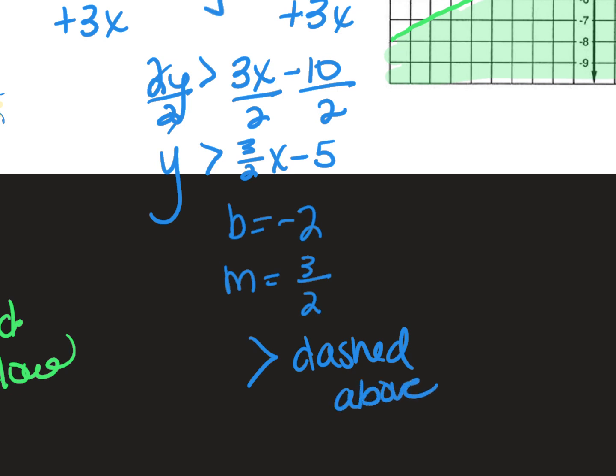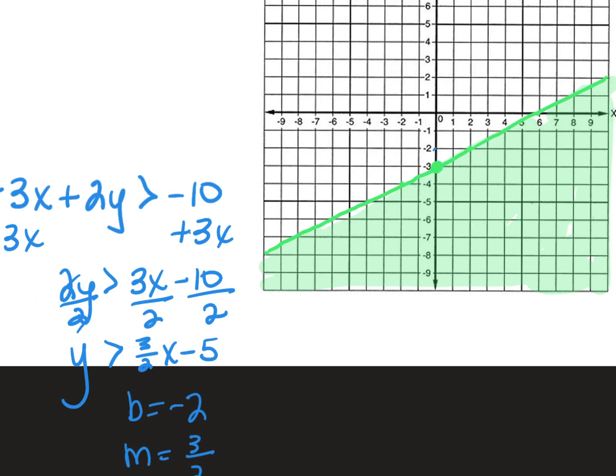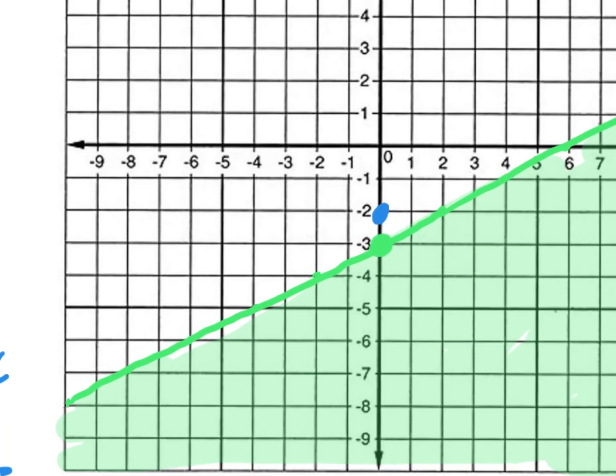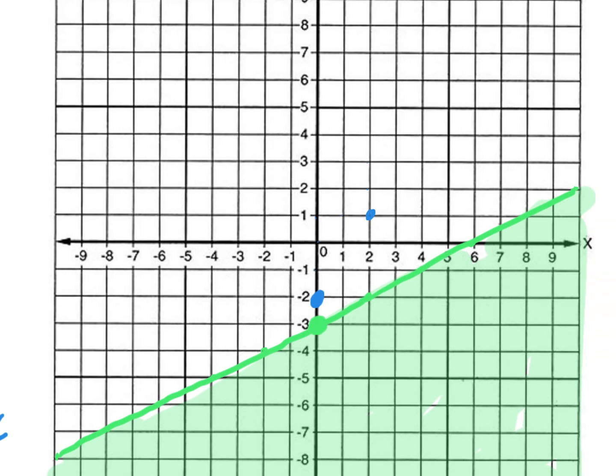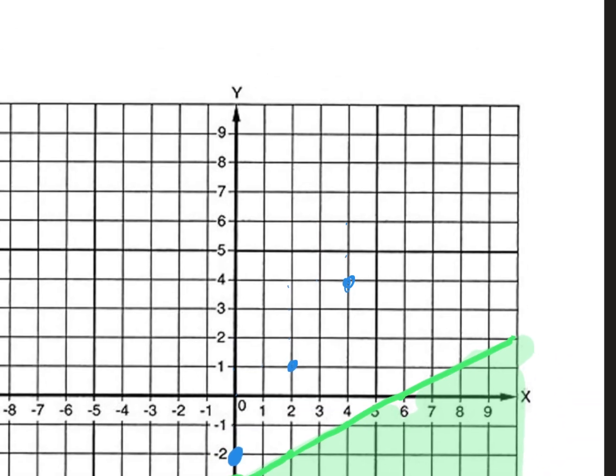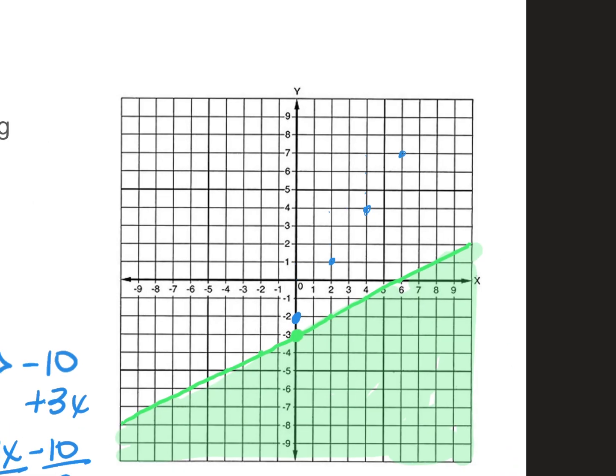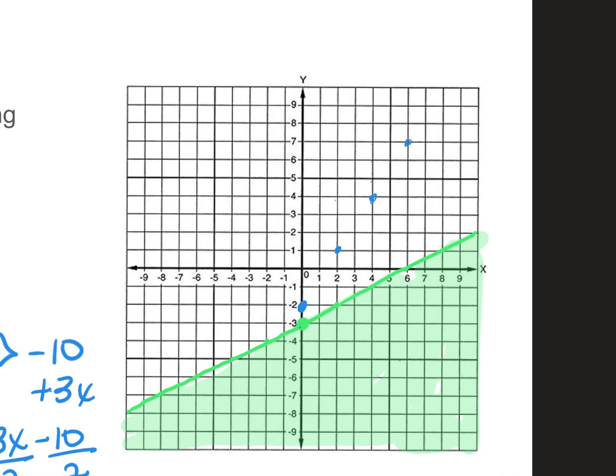So let's graph the line first. Positive 3/2, so we're going to rise 3, run 2, and continue. Then the opposite direction, rise 3, run 2.